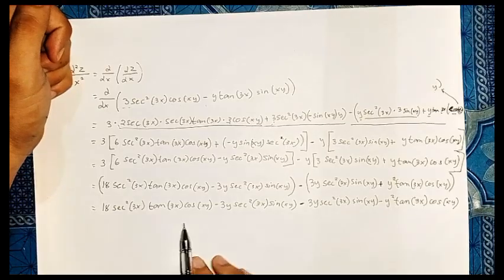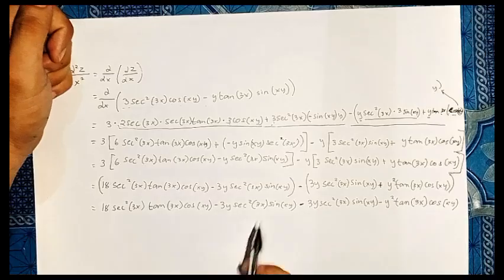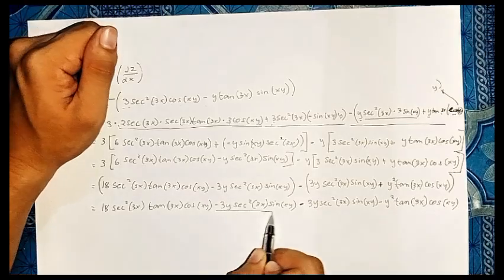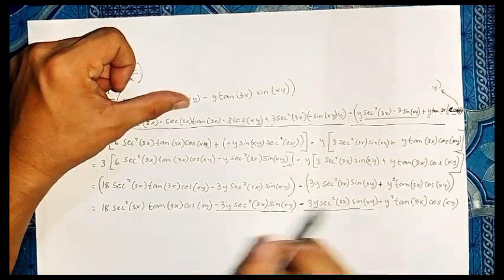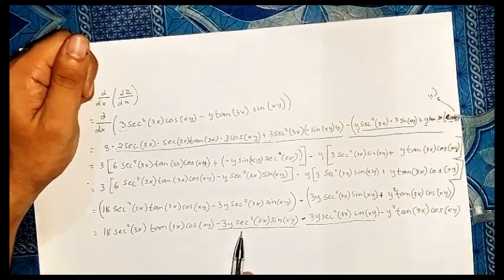Wait, what else can we simplify? There, this. This and this. We can add these two, right? Because they are the same: secant squared 3x. We can simplify that one.